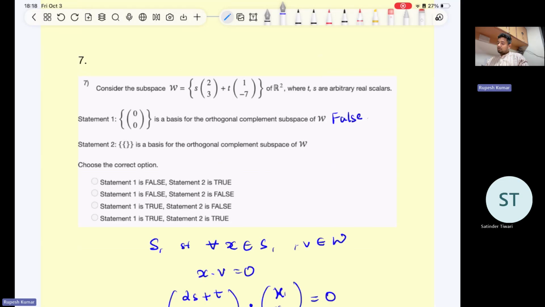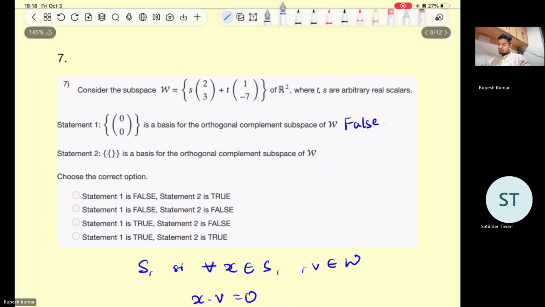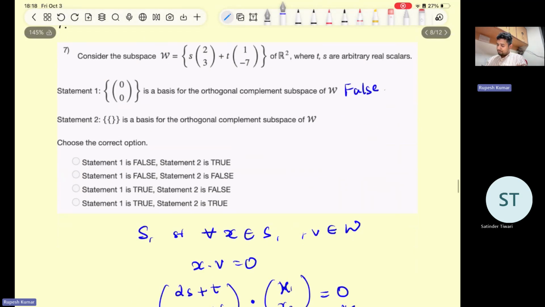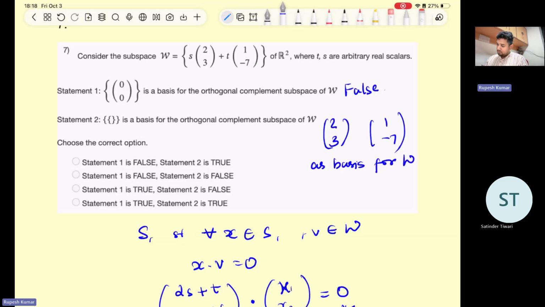So let's think about what the space spanned by W will be, and then what the orthogonal complement space will be. So in R2, let's define the basis for W. We can always choose (2, 3) and (1, -7) as the basis for W, right?